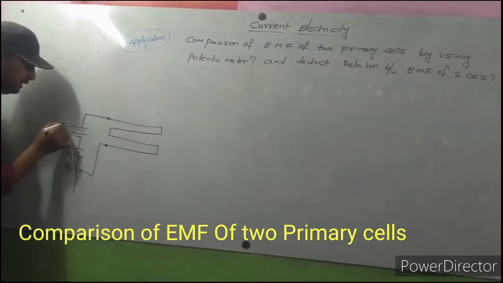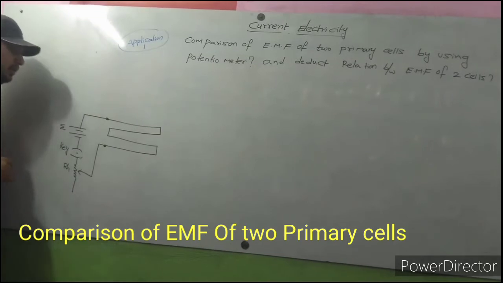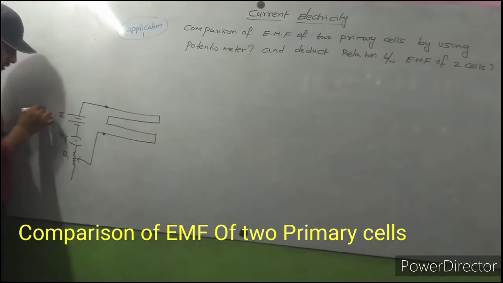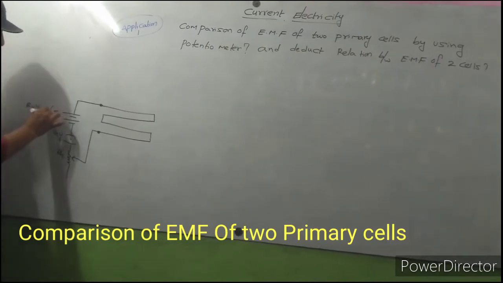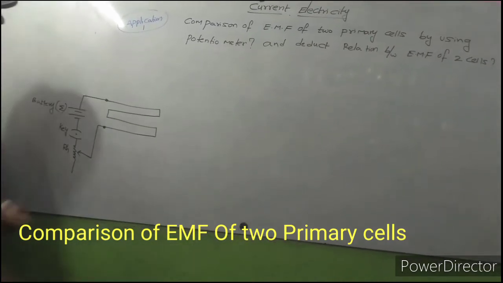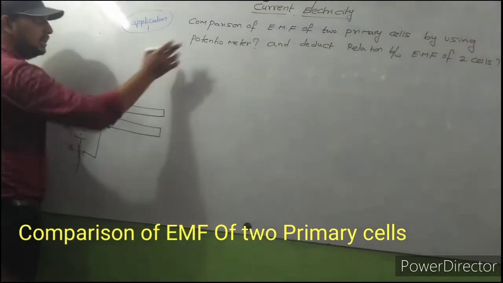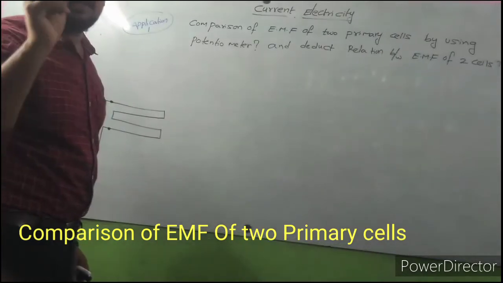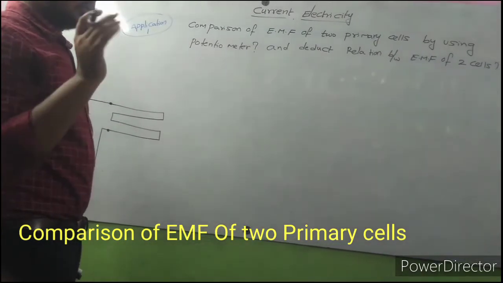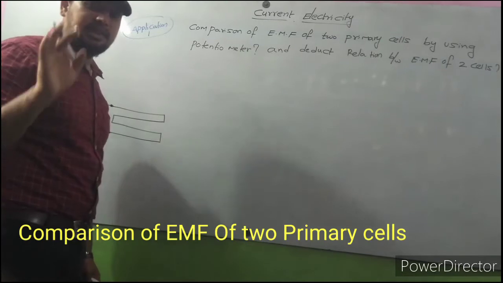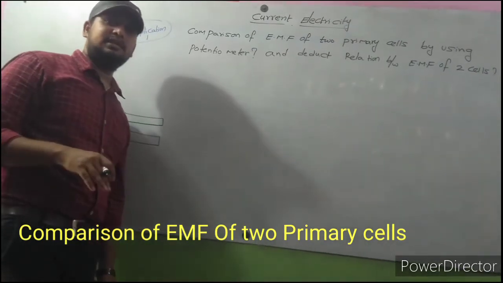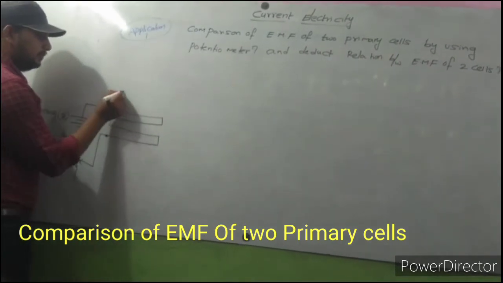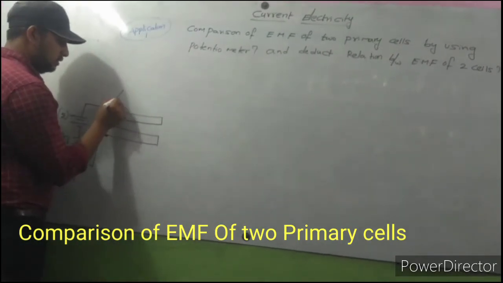This battery source has EMF, which I consider as E. How many cells are there? Two primary cells. One cell has EMF E1 and the second cell has EMF E2.